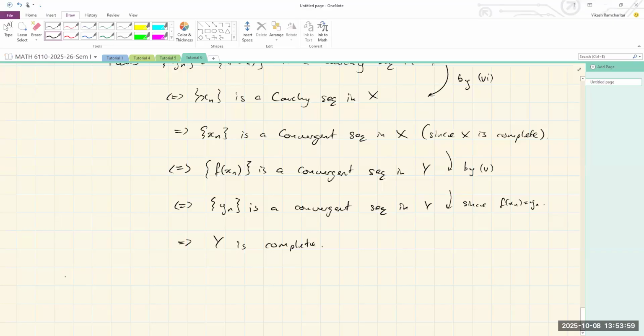The converse direction is done in a similar way. Right, so if you have two isometric metric spaces, if one is complete, the other one is complete.